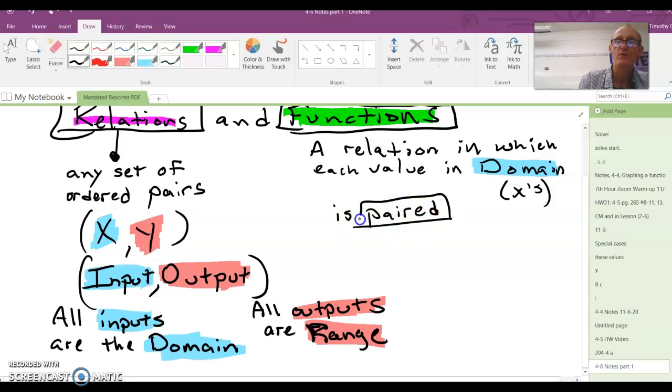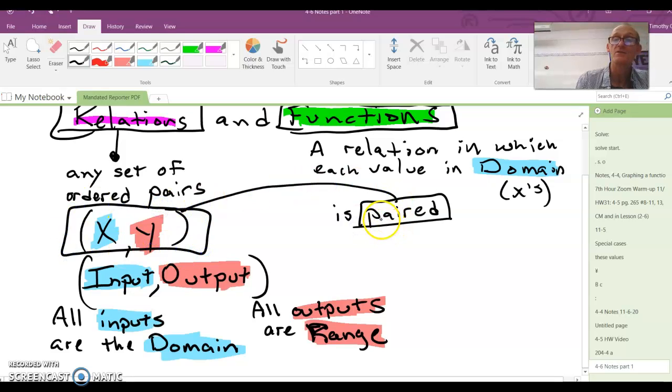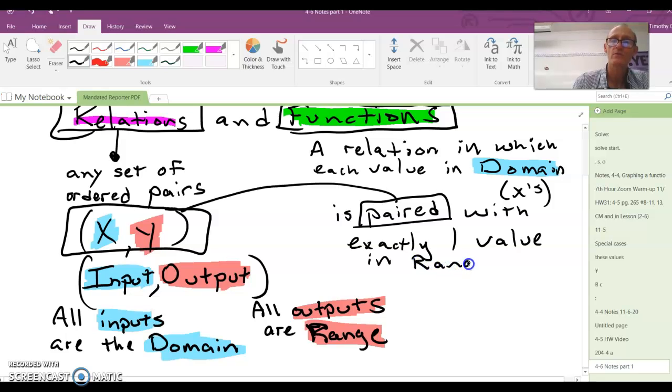What I'm referring to is paired with exactly one element, or one value, in the range. The range is the set of outputs, remember, the Y values.